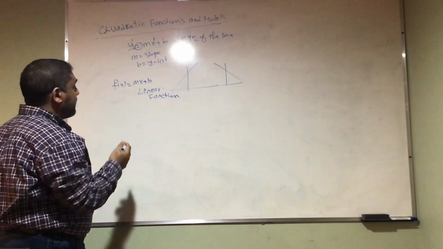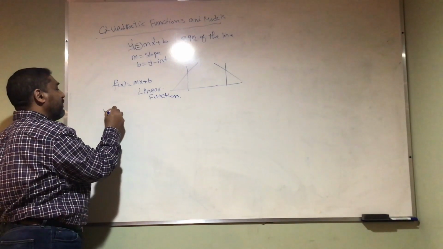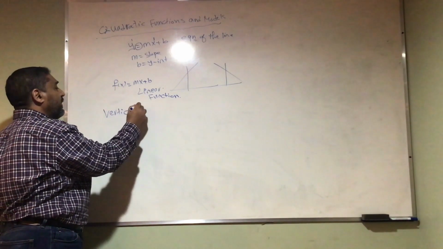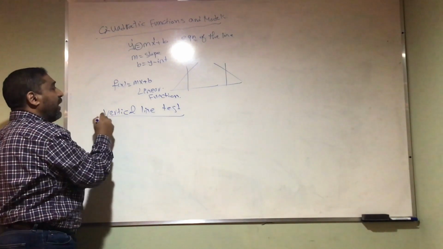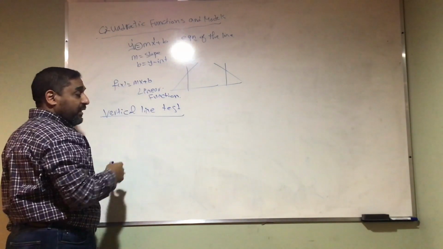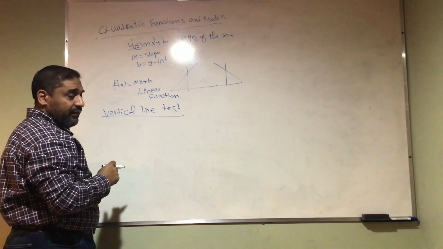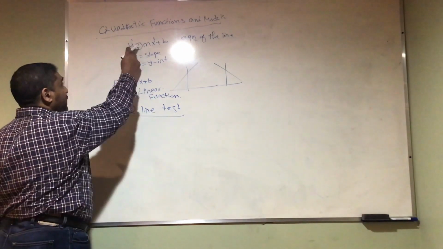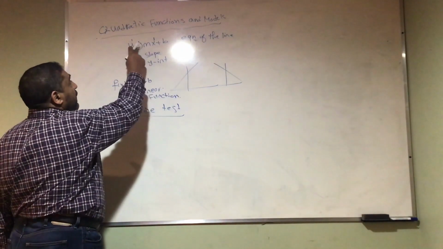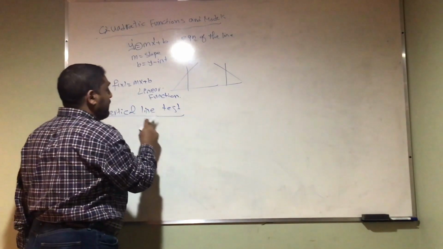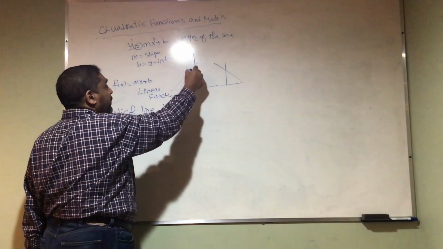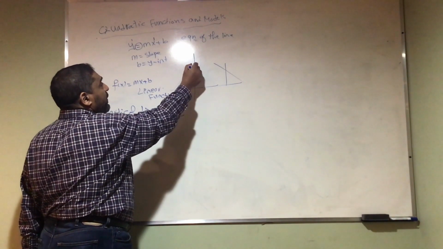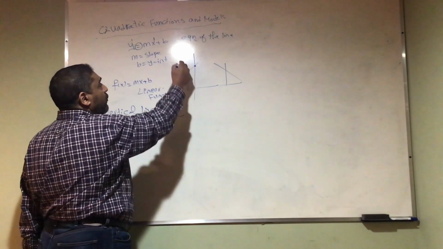It turns out there is something called the vertical line test. What is the vertical line test? If I give you an equation, go ahead and sketch the graph. For example, this one is a line. If you take a vertical line on the graph, just a vertical line like this, it could be here too.